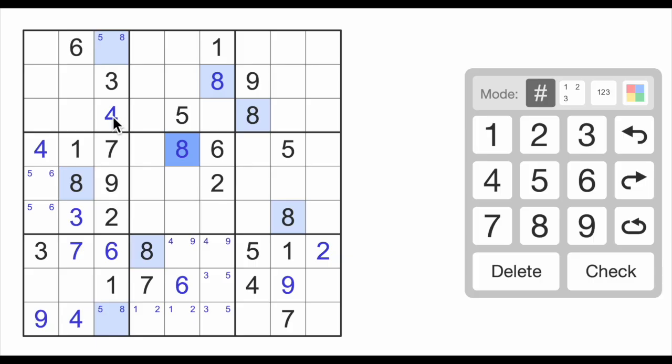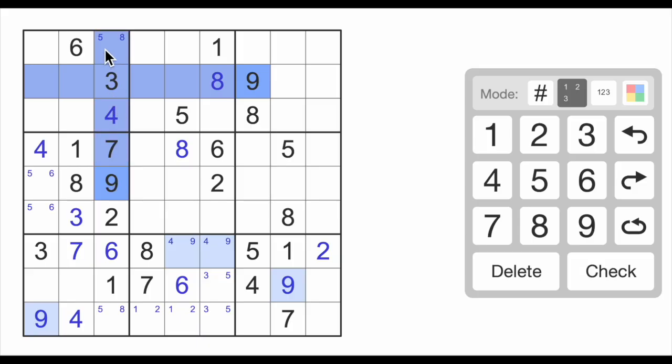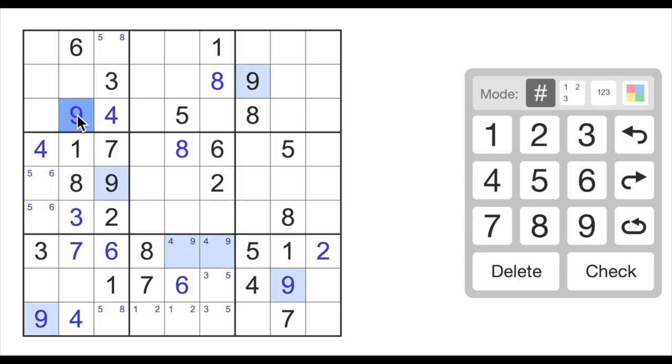Oh, and I can place 9 in box 1. This 9 blocks these. This 9 blocks these. Here's another 9 which blocks these. So I can place 9 in box 1.